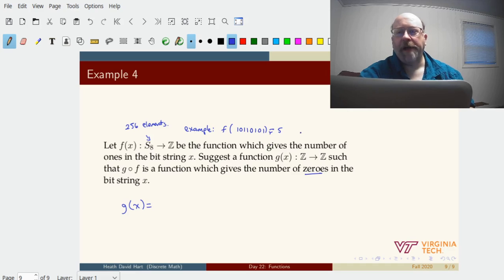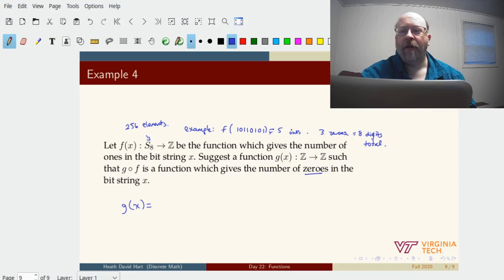But if there are 5 1s, then there are 3 zeros. And since 5 plus 3 has to equal 8 digits total, we just have to recognize that this will always add up to 8.